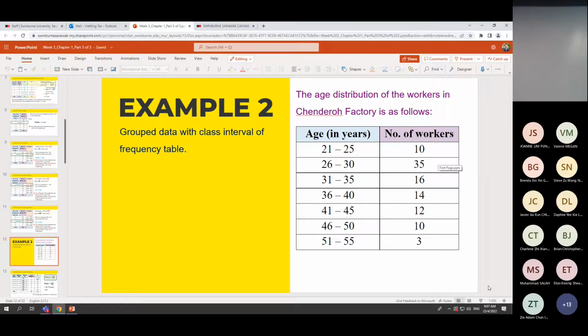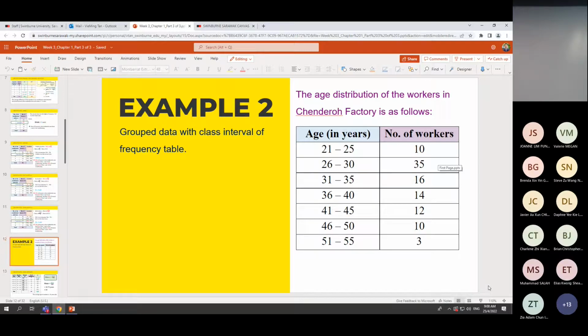This is also the X column, and the frequency column is here. We use F to represent frequency. So this type of table is called the class interval frequency table. Both tables are considered grouped data.